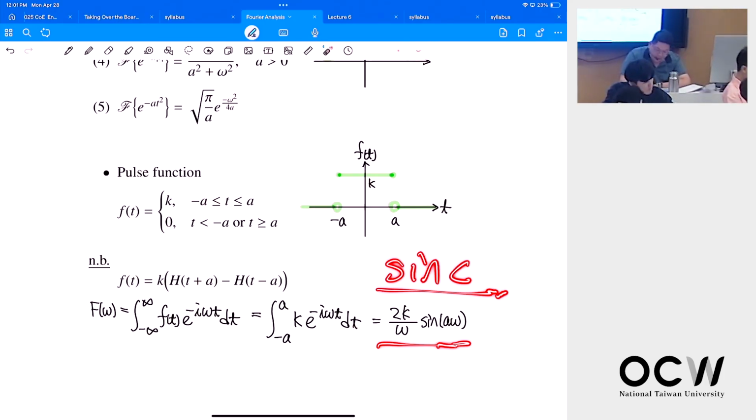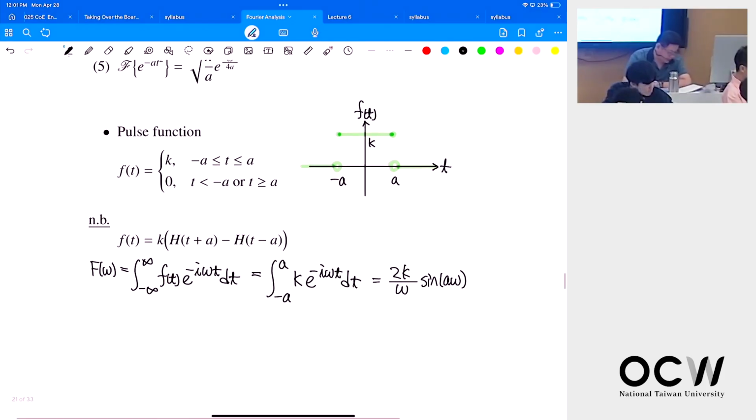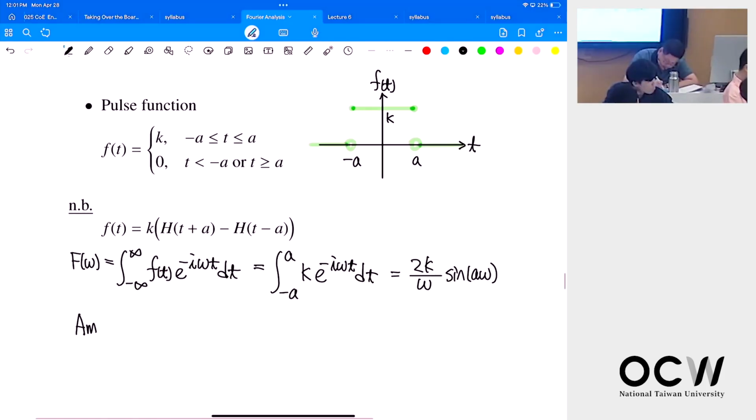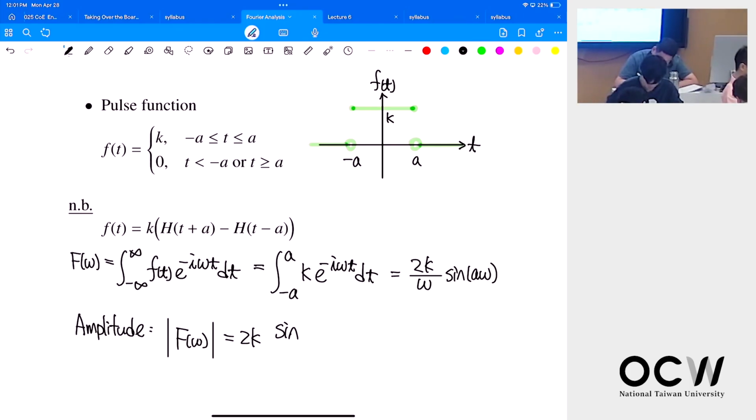And the amplitude for this sinc function is k times sine a omega divided by omega. Okay, sinc function is like this.